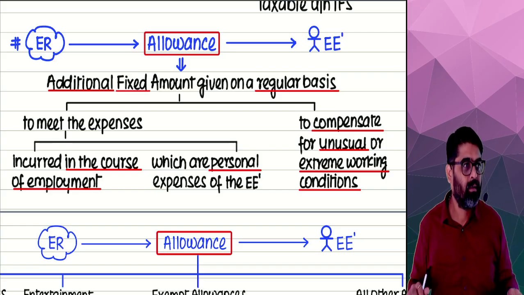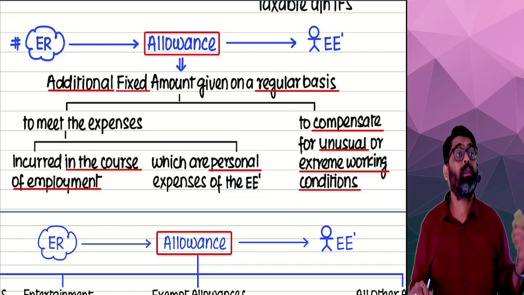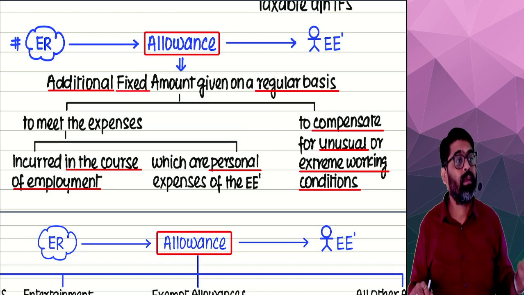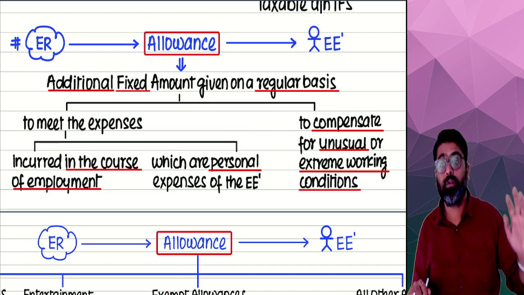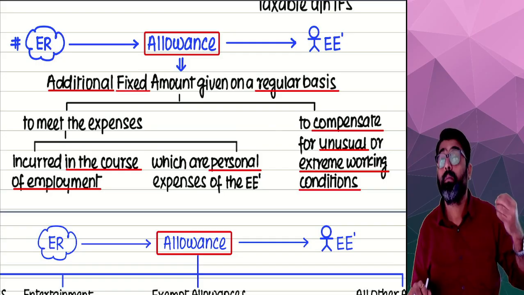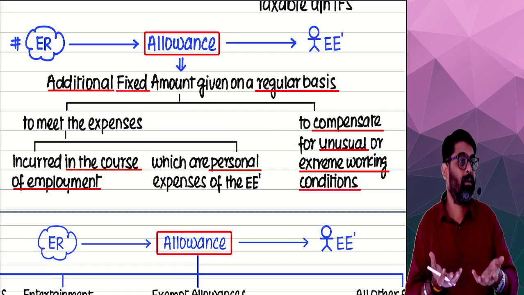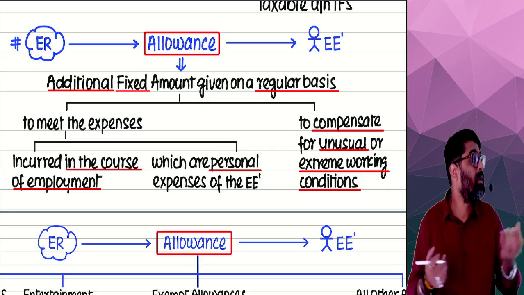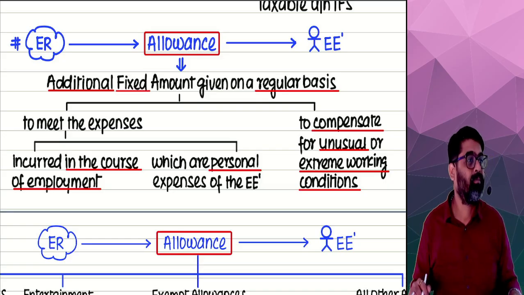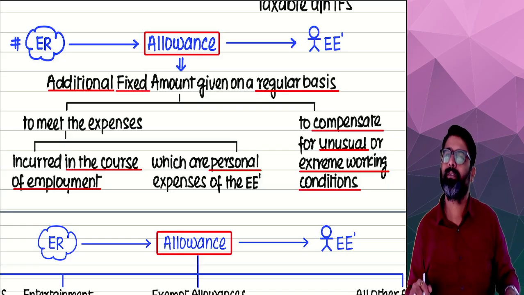Getting my point? So will you be interested in working? No. So now your employer is saying, see, if you work there, 5,000 rupees extra, 10,000 rupees extra per month, you will be motivated. You will be motivated to work in such extreme conditions. Let me take some risk.